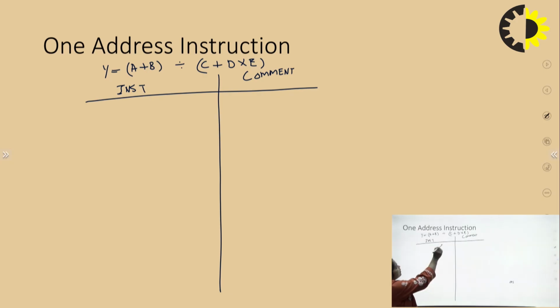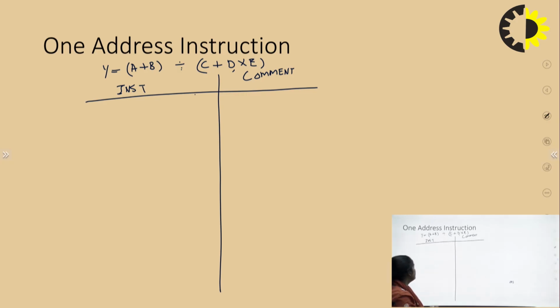Now in the one address instruction, what are we doing first? Always remember, if there is a divide or a minus sign, always go to the last value and start from there. If there is a plus or a multiply, that is okay. But if there is a minus or divide operation, then always you have to take this one.